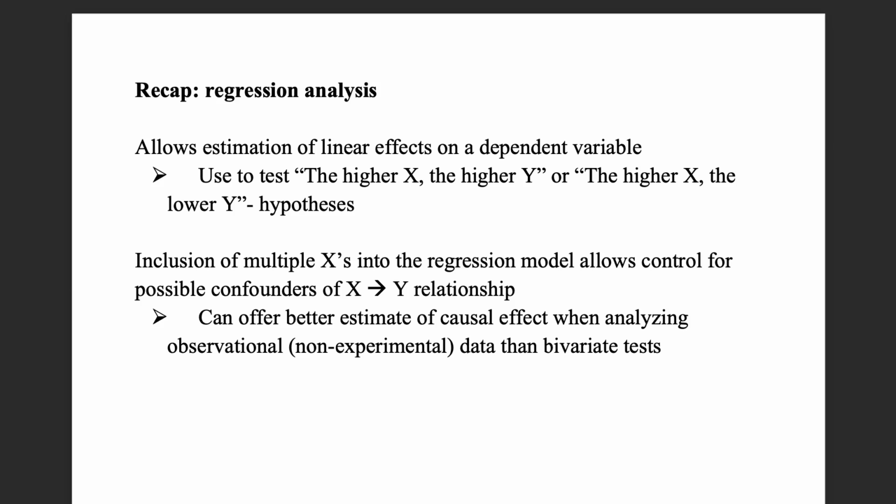And so regression modeling allows us to control for such potential confounders as long as we can measure them, because if they are in our data, then we can include them in our model as control variables, and then the estimates that we get for the variables that we do have hypotheses about will be a bit closer to the true causal effects that give rise to those relationships.